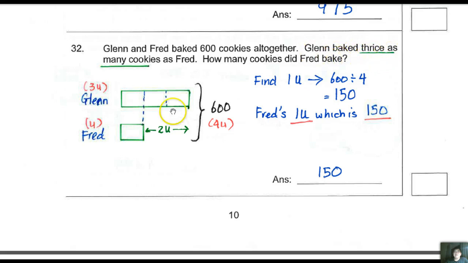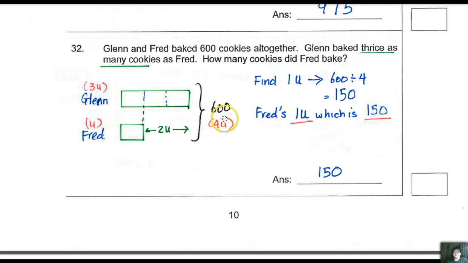It means Glenn has to be 3 U's and Fred is 1 U here. That is the number here, 3, 1. Of course the difference you can see is 2 U's. Now how many cookies did Fred bake? It means you're looking for this 1 U. To find 1 U, you must know that these 4 U's, 1, 2, 3, 4, add up together to give us 600.